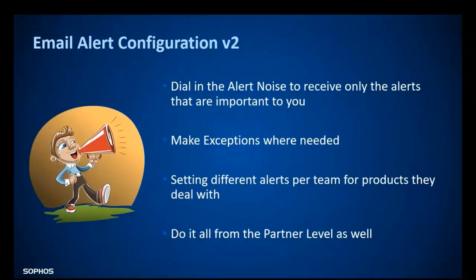We have an advanced email alerting system that enables you in the partner dashboard to configure which alerts go to whom, so that if you have multiple departments, one department, for example, takes care of firewalls, another takes care of email, or you have a set of engineers who take care of certain accounts, then you can easily route and do advanced alert configuration to these persons.